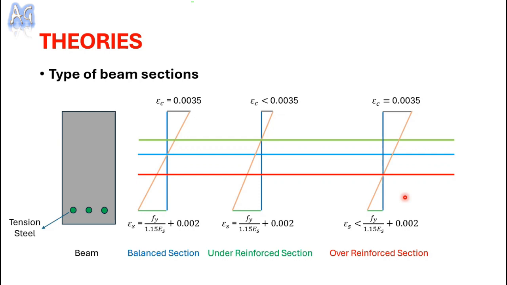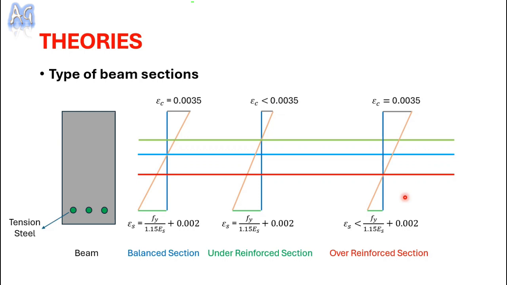Now if I want to design a balanced section, I need to provide the exact AST. I mean, for a given section of beam, whatever AST you calculate, you need to provide exactly that amount. Suppose you got 609.45 millimeter square.